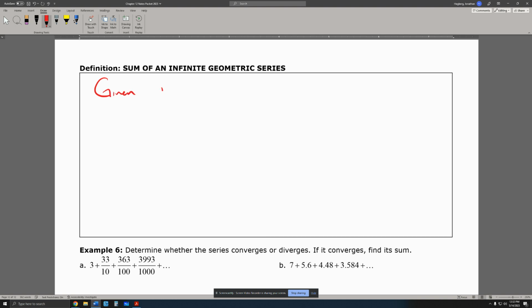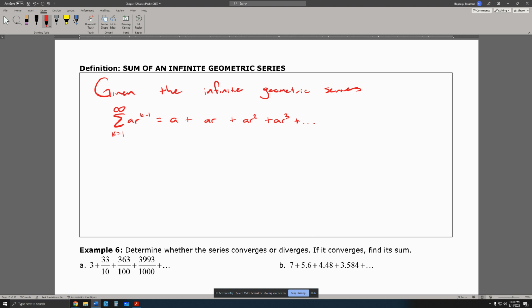So given the infinite geometric series, which again can be represented using sigma notation, the sum of terms from k equals 1 to infinity of a times r to the k minus 1. I know that this can be written as a plus ar plus ar squared plus ar cubed, and so on, right?